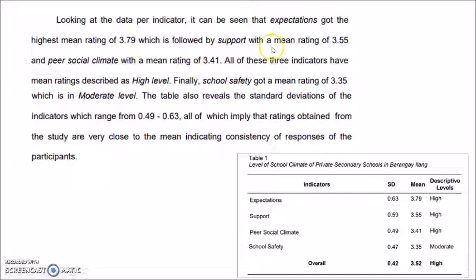Take note, kung mapapansin ninyo, hindi naman sinabi dito na hindi nila keep yung high level, no? Pwede naman kasi 3.79, which or high level, 3.55 or high level, 3.41 or high level, pwede namang ganyan, depende sa inyo. Pero para hindi masyadong monotonous pakinggan, ang ginawa ko, present ko muna yung mga mean nila, and since silang lahat ay high level naman, so inisa ko na lang. So, all of these 3 indicators have mean ratings described as high level. Okay, pwede yan. Finally, yung school climate got a mean rating of 3.35, which is in moderate level.